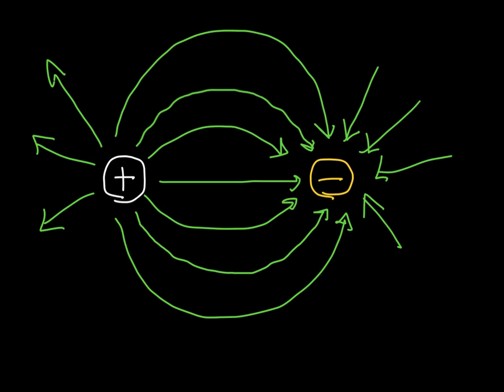Okay, so what would it look like if they were not oppositely charged, if you had the same charge? Now I have two positively charged particles here, and so again, I'm going to place my test charge. If I place it on this side over here, that's easy.